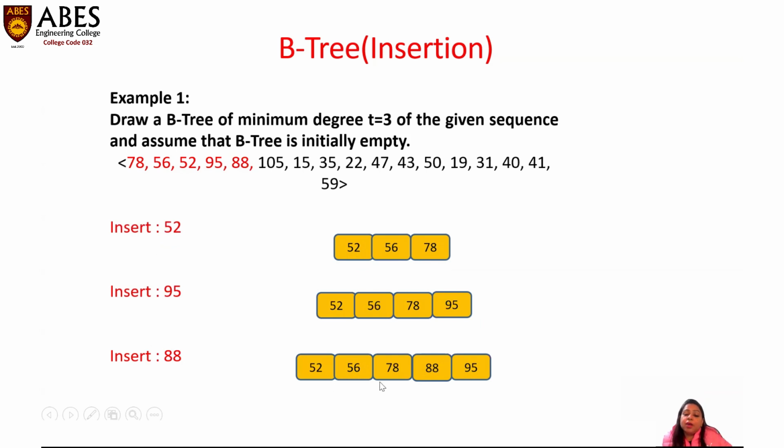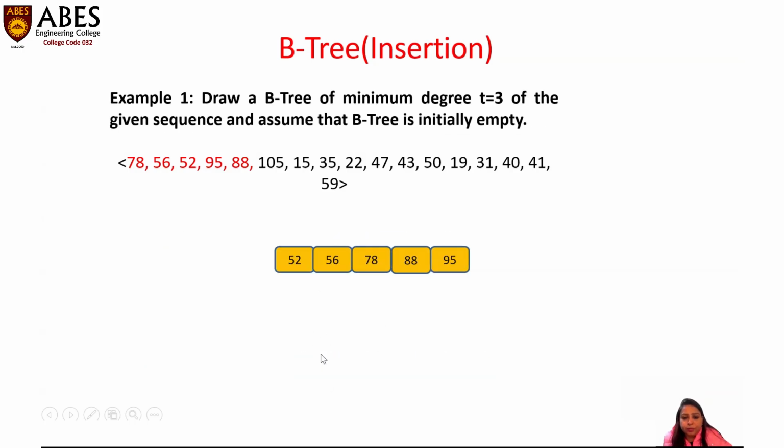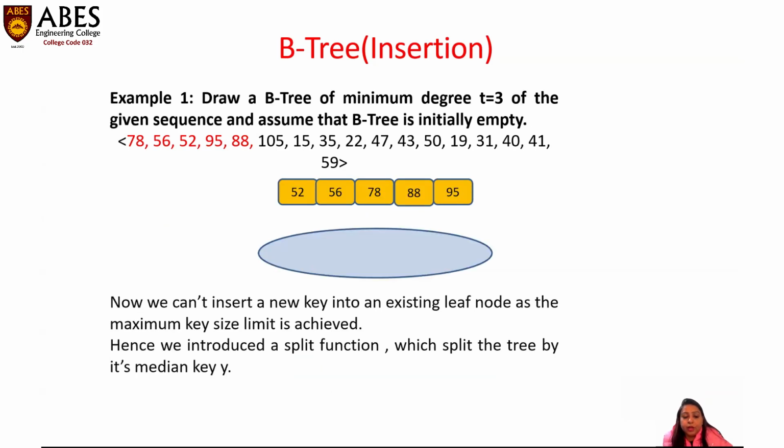Now the maximum key value is 5 and it has been reached. So if we want to insert 105, then we have to break this particular node. We cannot insert a new key into an existing leaf node once the maximum size has been reached.